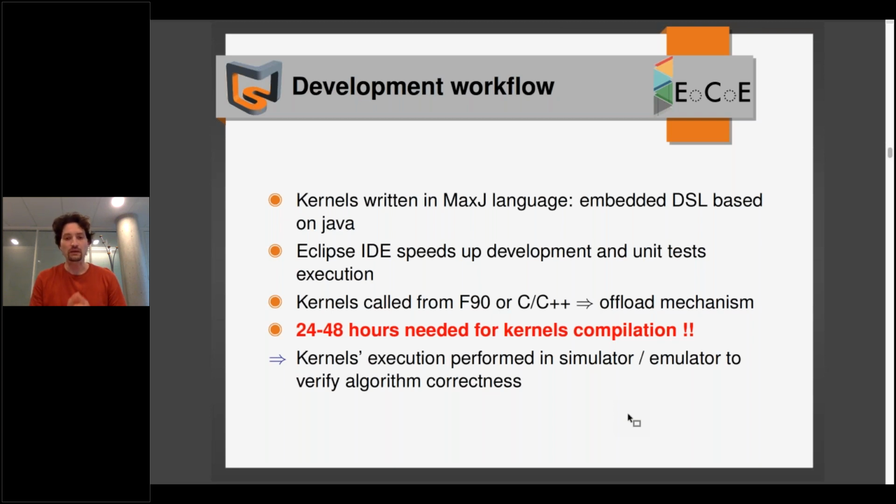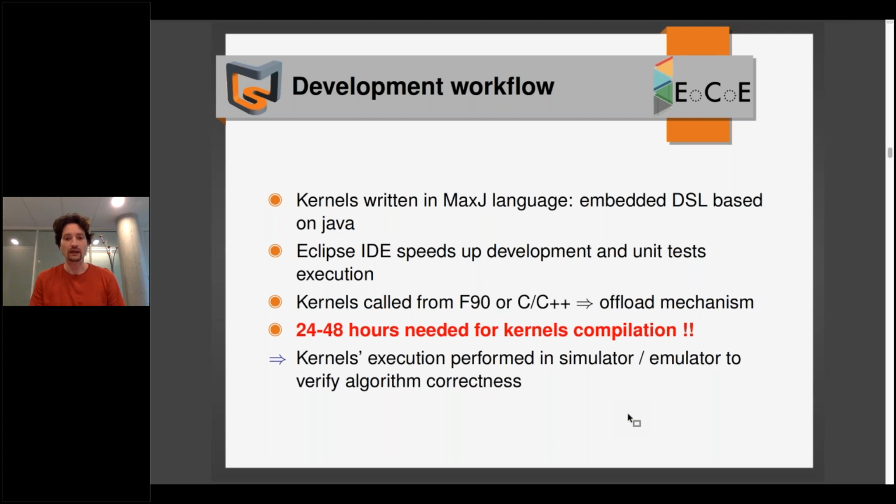One big thing is that once you have your application completely developed, you need 24 to 48 hours to make a compilation. That's really large. So there is no way you will do trial and error of compiling to see if your algorithm is correct. It's just too much.